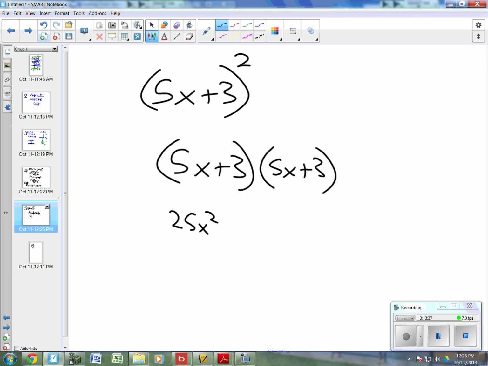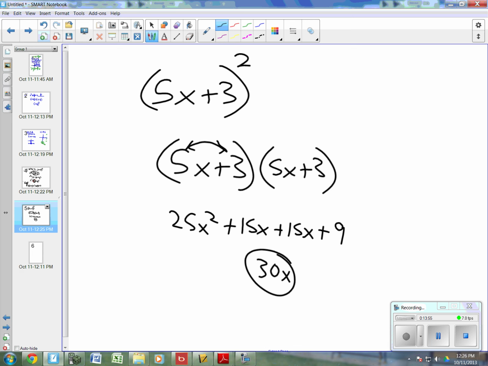Middle term, 5x times 3 is 15x. 5x times 3 is 15x plus 9, right? And you get 30x. What would be a fast way we could have gotten that? Instead of just doubling this number, you have to multiply these two numbers together first and then double them. 5 times 3 is 15. Double is 30. It works for any problem.